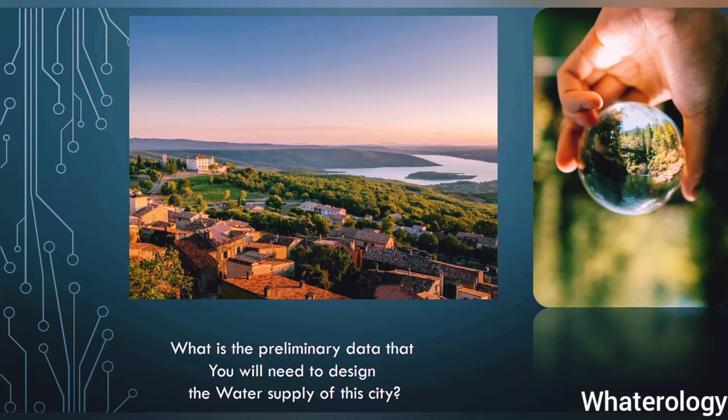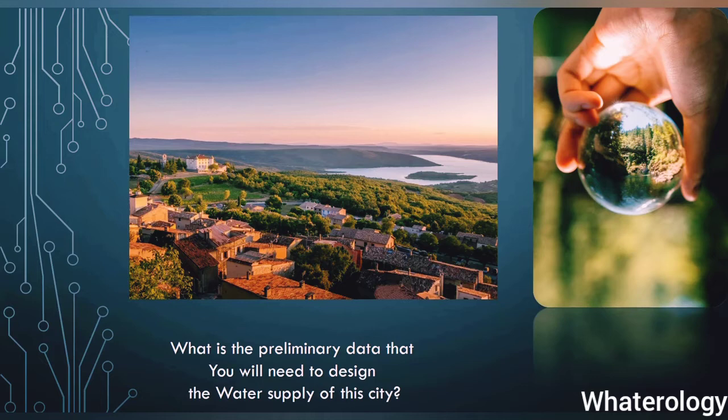So we design a water supply system generally for 30 years according to the CPHEEO. Now, one point I would like to mention is you can download the copy of the Water Supply Engineering Manual from the Central Public Health and Environmental Engineering Organization, CPHEEO, website, because all the things, all the standards that we use for designing it are given in that.